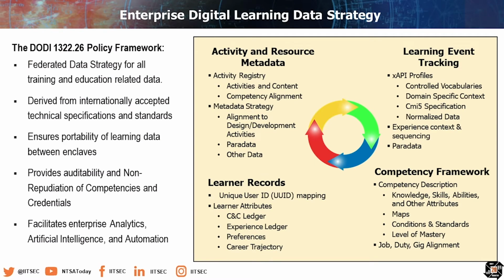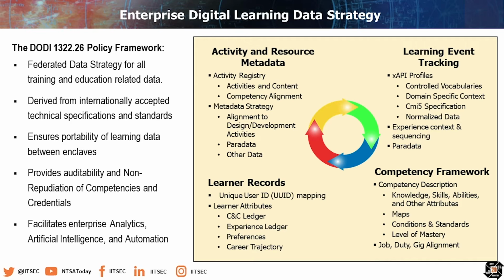So Brent had alluded in the beginning to our 4-pillar data strategy, and the idea here is that we wanted to not over-normalize the kind of information that represents a learning event. So what we basically settled out on these 4 pillars as being more or less independent from each other.